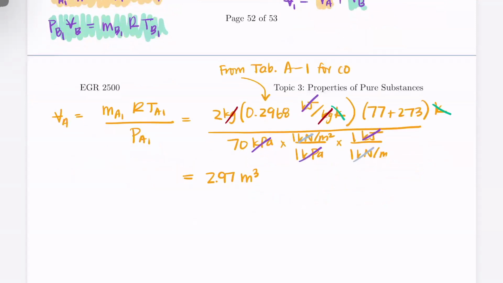All right, and then we can do that exact same thing for VB. So VB is MB1 R TB1 over PB1.